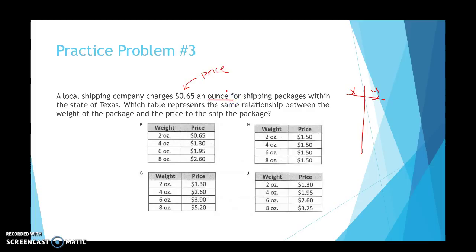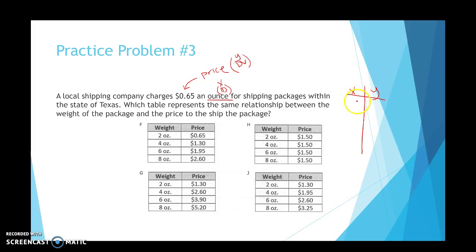Those are our 2 units. Is the price going to be our dependent or independent variable? The price is going to be our dependent variable because the price depends on the number of ounces. So ounces are going to be our independent variable. Independent is x, y is dependent.